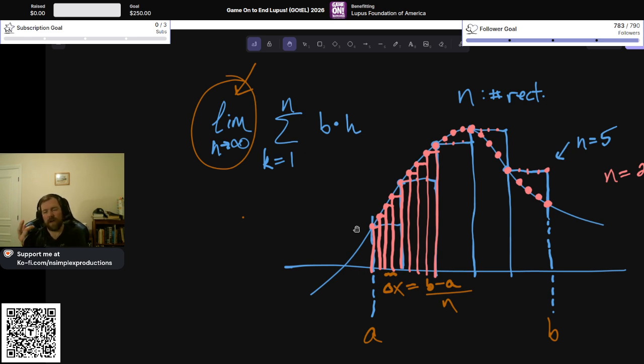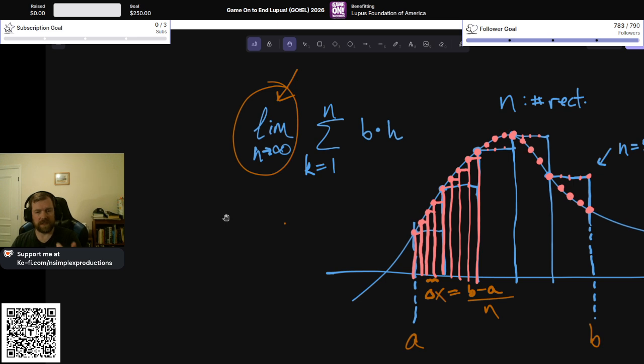This is where our delta x, the difference between one and the next x values that we're going to use, are effectively all the same size, delta x. That is effectively, in this case, what we call the mesh. The mesh is just going to be the largest space, the largest delta x that we find in that interval.